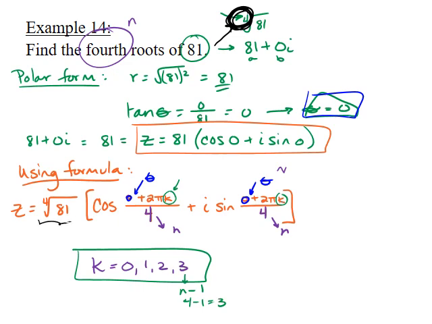The fourth root of 81 is 3. I'm going to compute this for the 4 values of k on the next slide. So here we go. If k equals 0, I plug this in, and I have 3 times cosine of 0 plus i sine of 0.